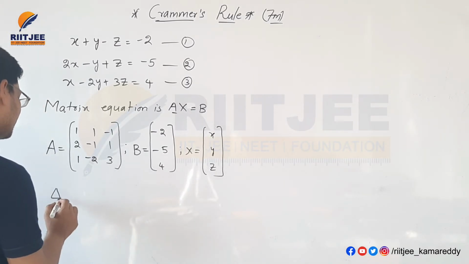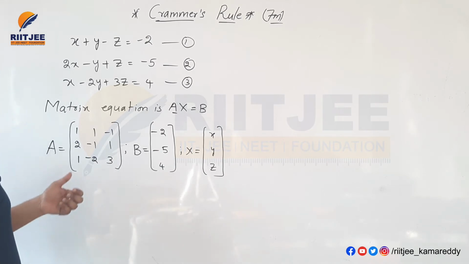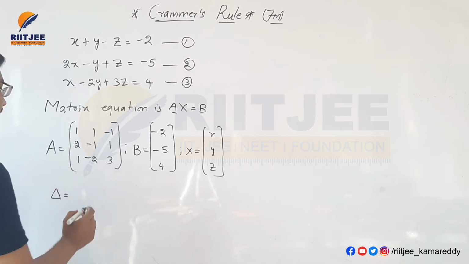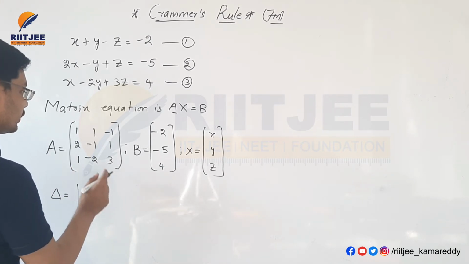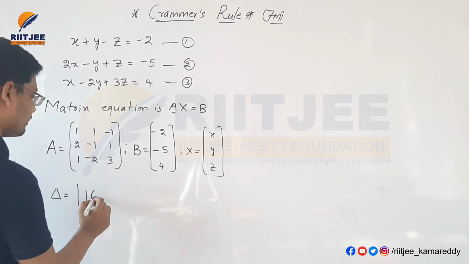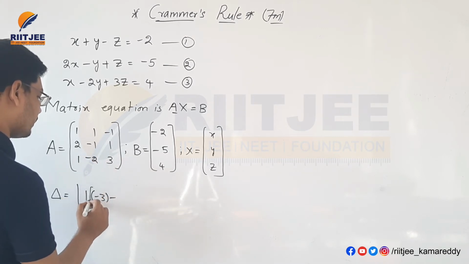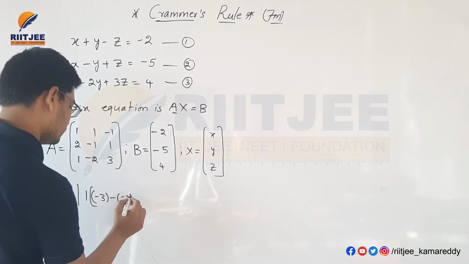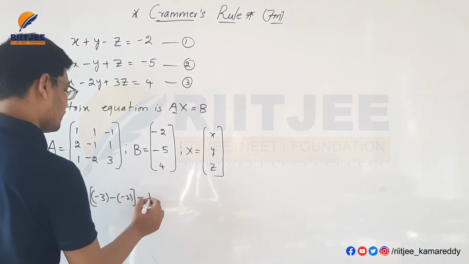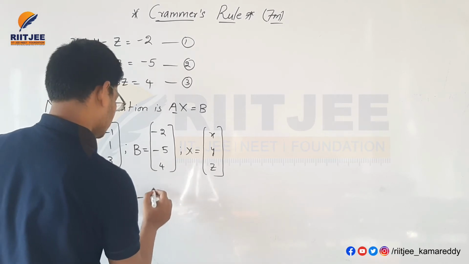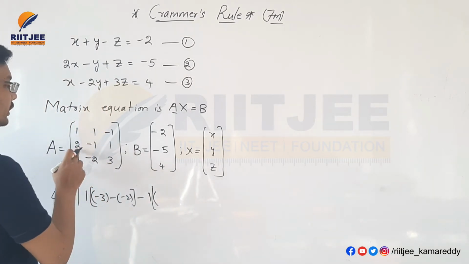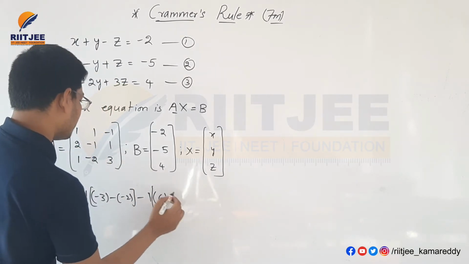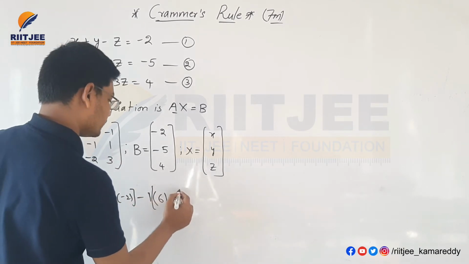If you want to find the delta, you should find the determinant of A here. Mod of 1 into -1 into 3, -3, minus of 1 into -2, -2. Next, -1 into 2 into 3, 6, -1 into 1, 1.